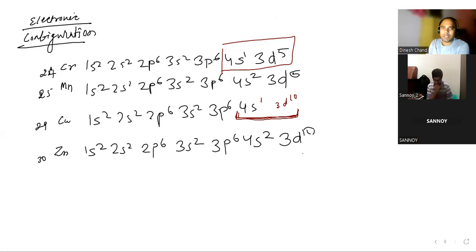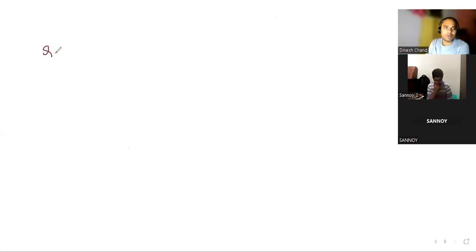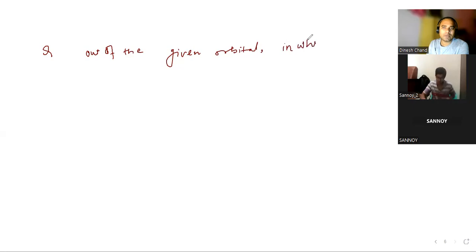One more question I want to give you, because you know mostly things. The question is: out of the given orbitals, in which will the electron be filled first? We also have to write the order.